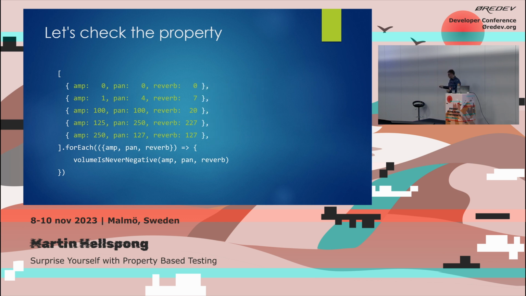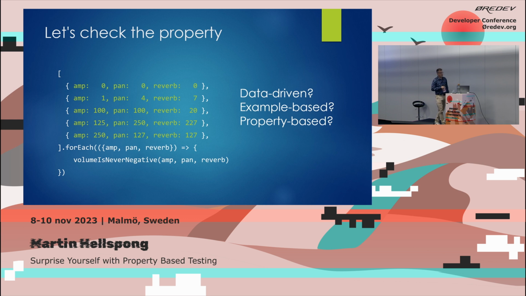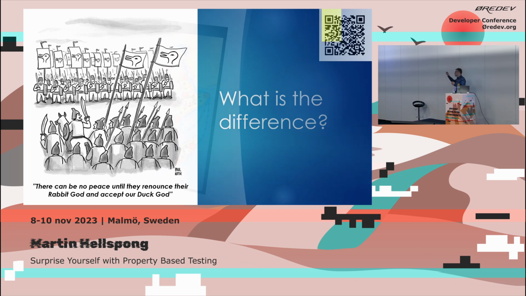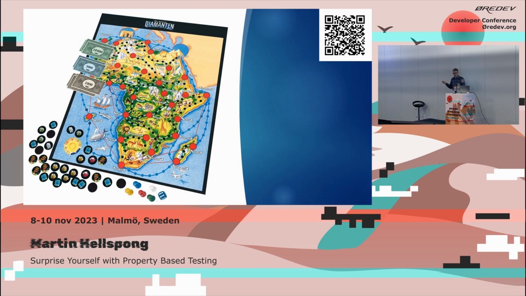Give me 1,000 of them. Okay, so now it's a bit confusing, right? Because is this a data-driven test, an example-based test, or a property-based test? I think it's a bit of all of them. So what then is the difference? Perhaps there's not too much difference. And if you don't use any tooling, then I think this was property-based testing, but we can do better than that.